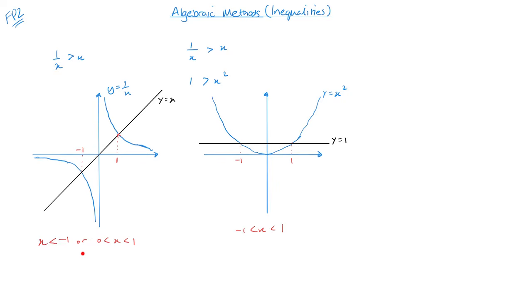So multiplying by x doesn't give me the same set of answers, and it's purely because x could be negative and it could be positive. So it does mess up my solutions. This method here is no good.